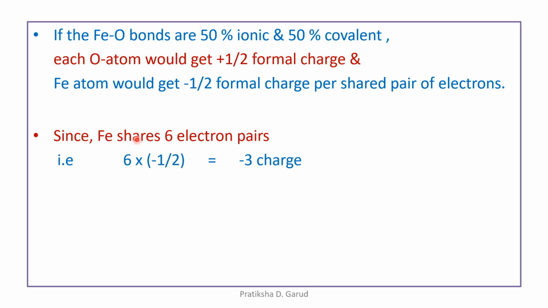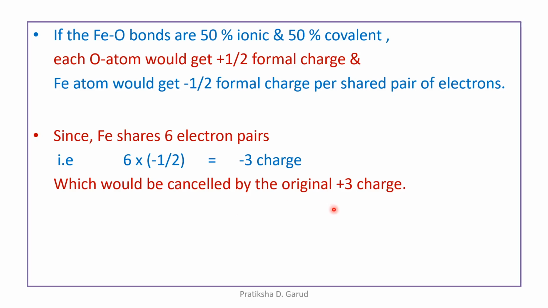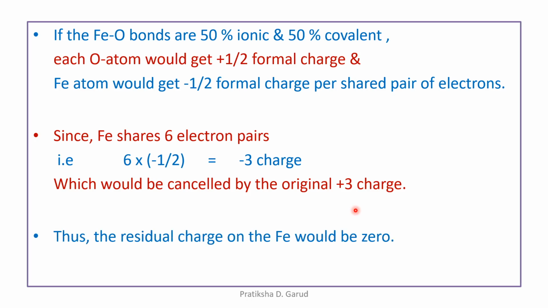So the charge on the Fe becomes -3 and the charge on the complex is +3. So it is neutralized, cancelled by the original +3 charge, right? Thus the residual charge on the Fe would be 0. In this way we can apply the electroneutrality principle.